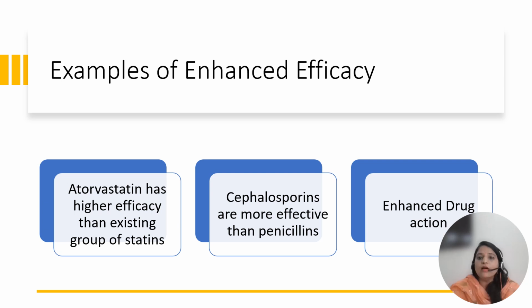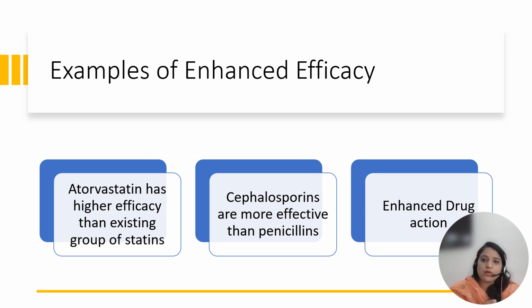So let us now take certain examples in order to appreciate what enhanced efficacy would mean. Let us consider, for example, the group of drugs in the statin category. All these statins, as many of you would know, are taken for reducing the level of bad cholesterol, the lipid in the body. But a later discovered drug, let's say atorvastatin, which is also in the category of statin drugs, could lower the bad lipid in a much larger amount.